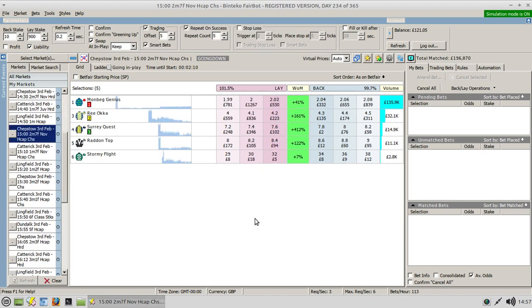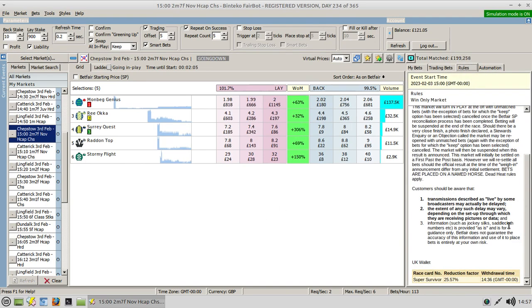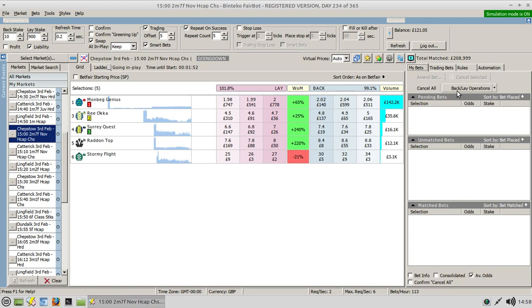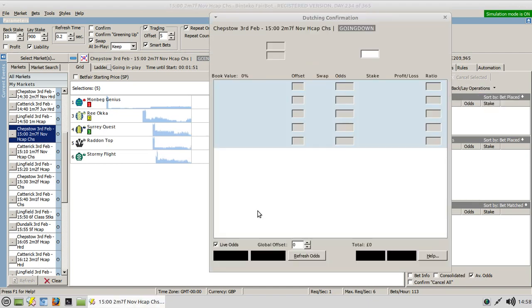Okay, back again for the 3 o'clock at Chepstow. Unfortunately, as you can probably guess from the grid there, we've had a withdrawal 20 minutes ago. Superior Survivor drew at a high reduction factor, which has meant that the odds have plummeted in, and we don't really have a viable Dutch.